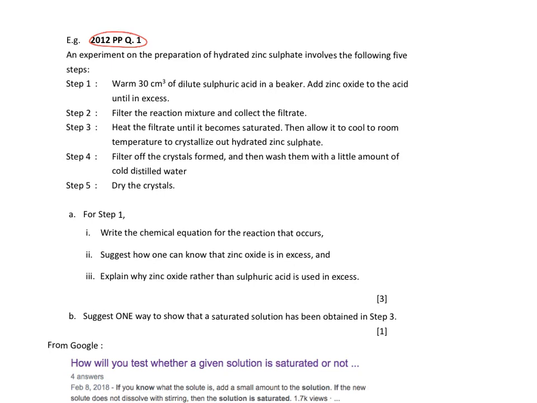Now in this question, it asks you to prepare hydrated zinc sulfate. Now you see the term hydrated. That means you have water of crystallization, and the zinc sulfate should be obtained from crystallization. Now in the experimental method, you need to warm sulfuric acid and then add zinc oxide in excess.